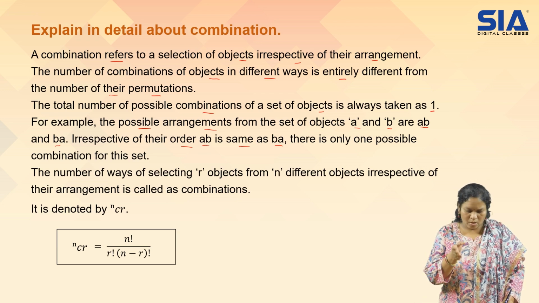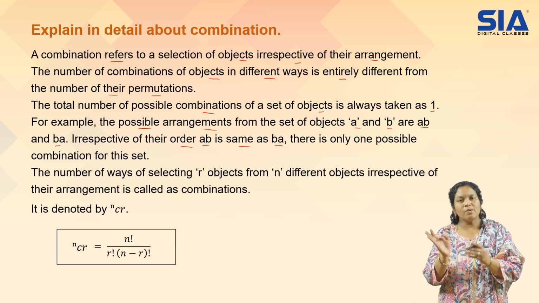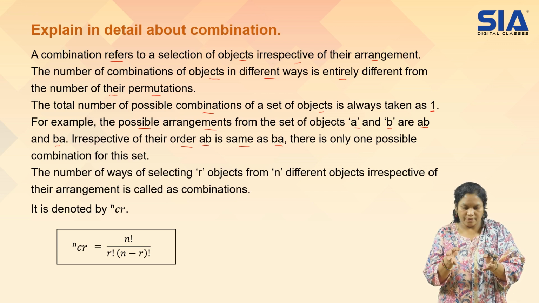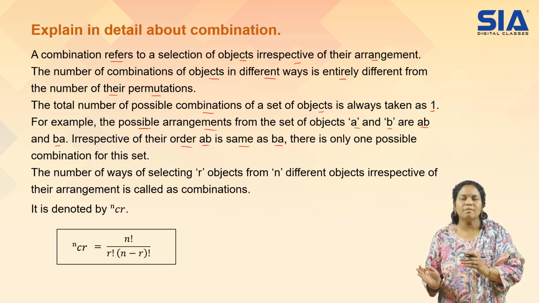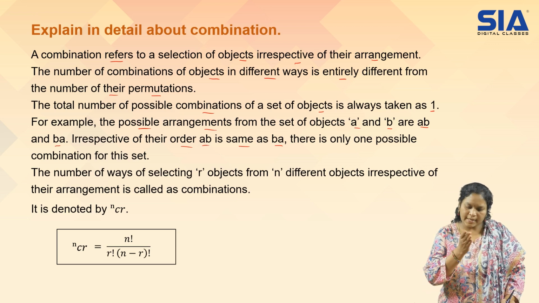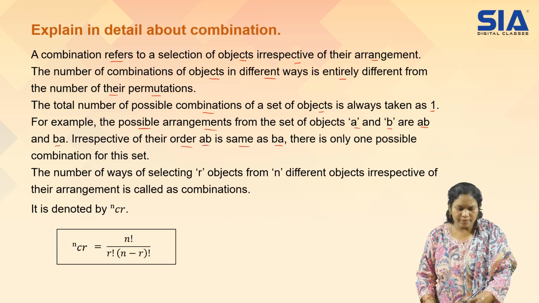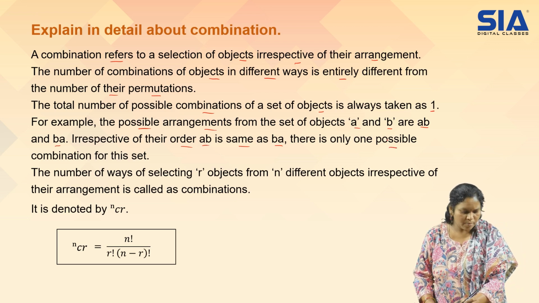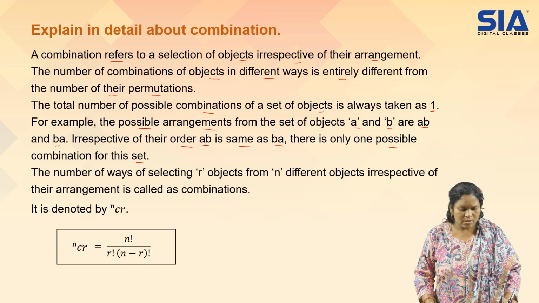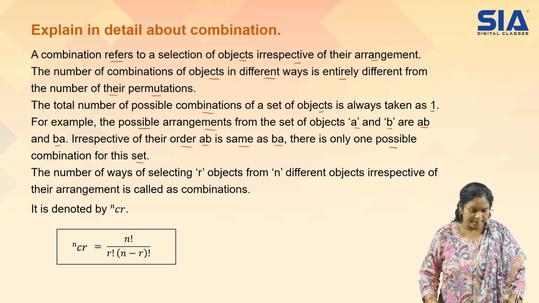Order is not required, like first AB should be or first BA should be. Simply we can arrange them in our requirement however we want. First we can consider AB, then BA, or BA, then AB. So that's what they are mentioning here. There is only one possible combination for this set. So only this AB and BA combination we can consider.